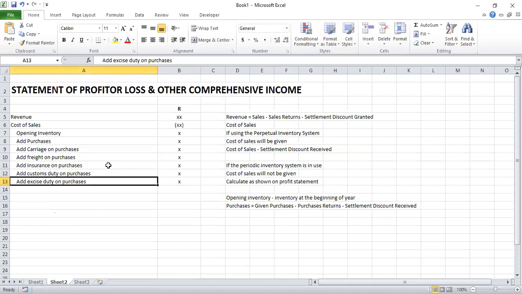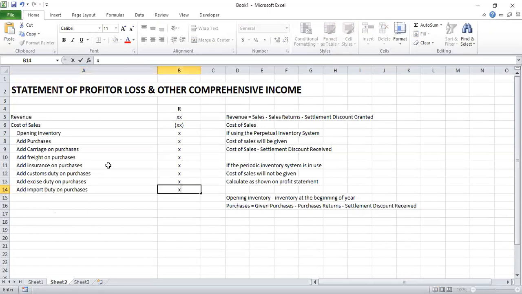We can also have import duty on purchases. So all these additional costs of buying goods will be added to the cost of sales, as long as they are on purchases. If it's on sales, we don't include it here, so we'll see where we include that. Only if it's on purchases. So any additional costs that we incur for buying goods, we add them to the cost of sales.